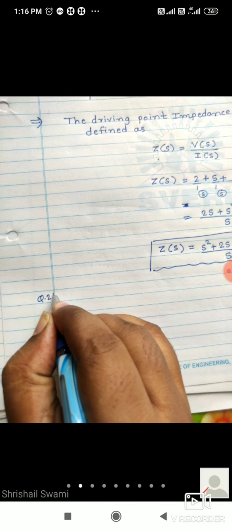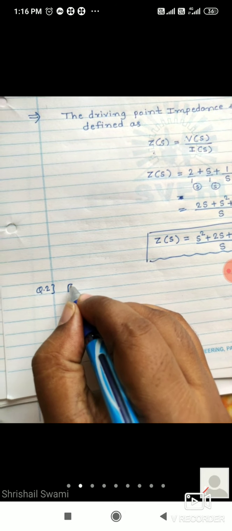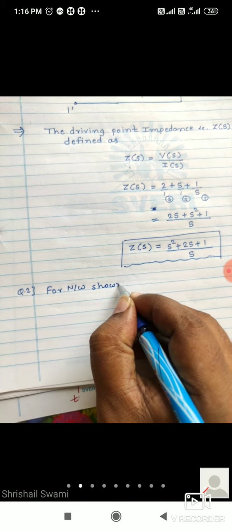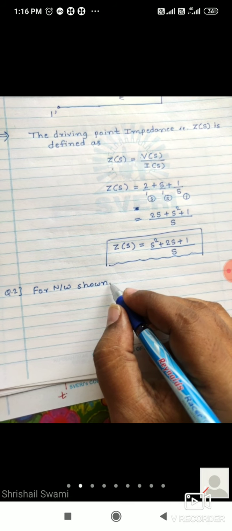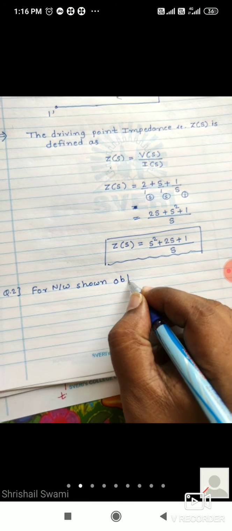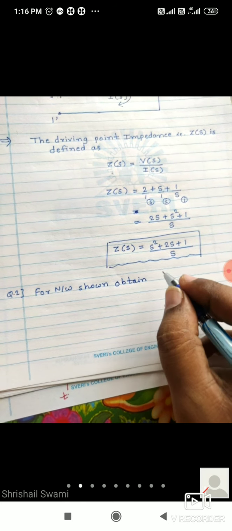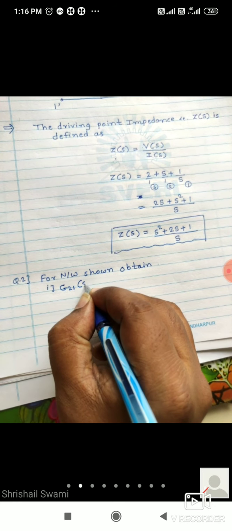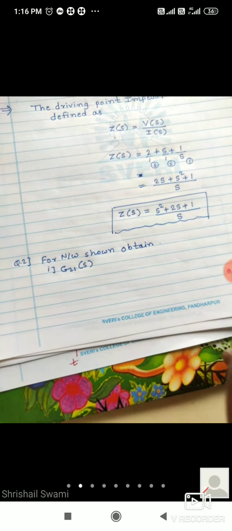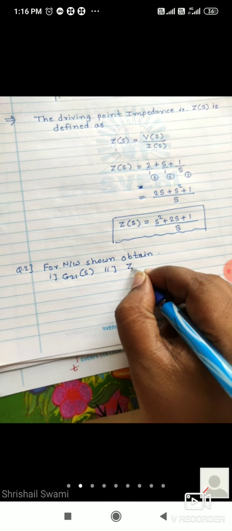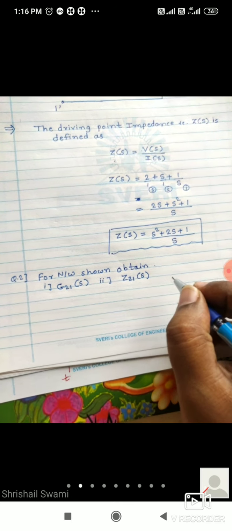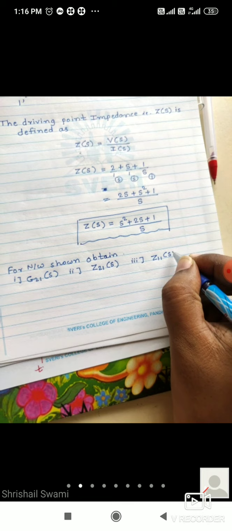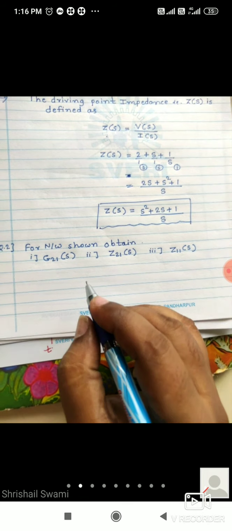Question number 2. For the network shown, obtain first of all G21 of S, then second Z21 of S, and Z11 of S. Okay, so the network I will draw.